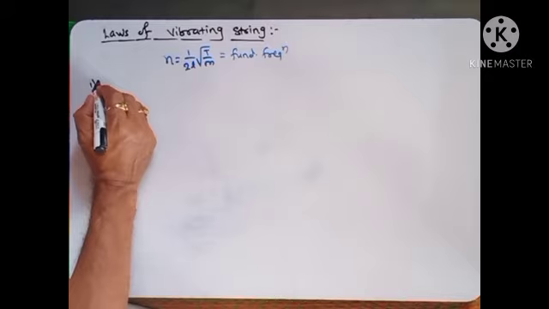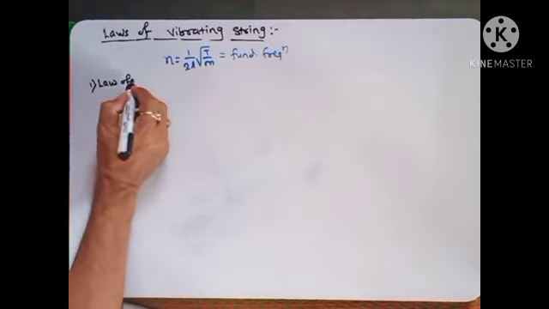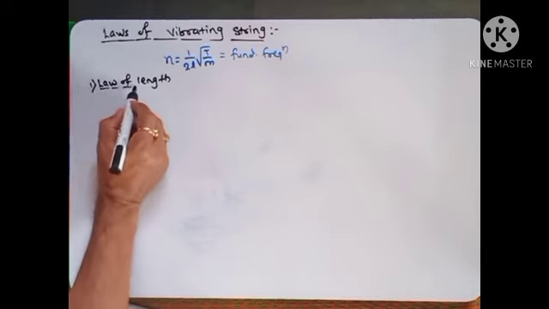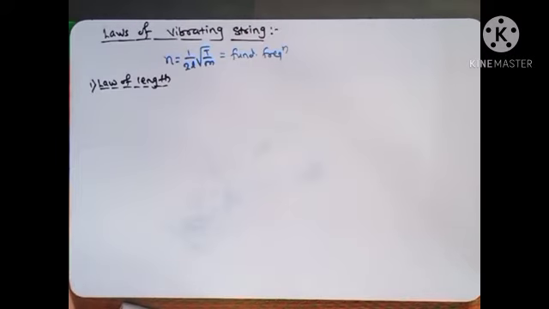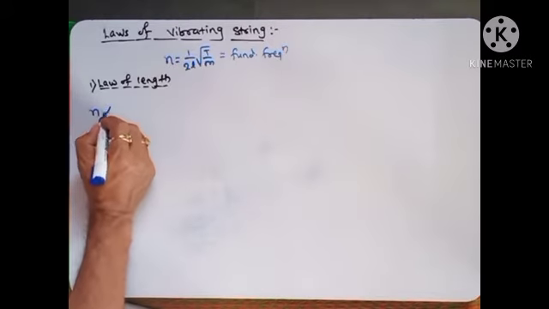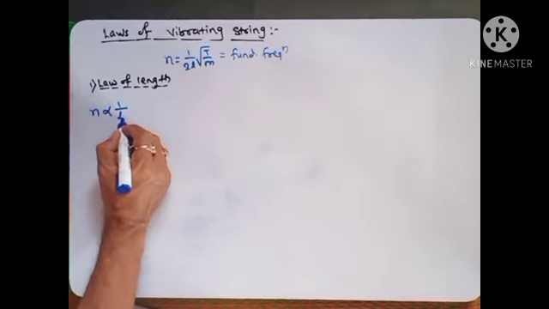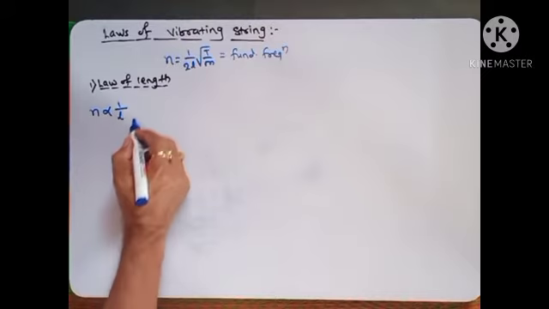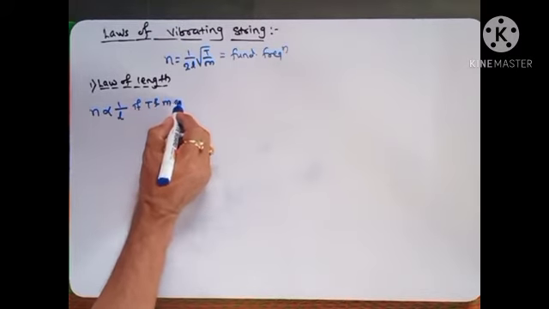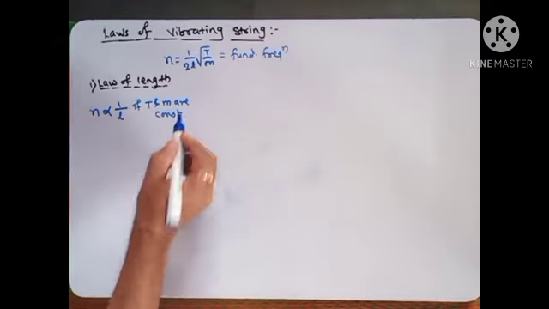First law, that is the law of length. What is the law of length? Here the fundamental frequency, or frequency of vibration of the string N, is inversely proportional to the length of the vibrating string if T and M are constant. This is the law of length.